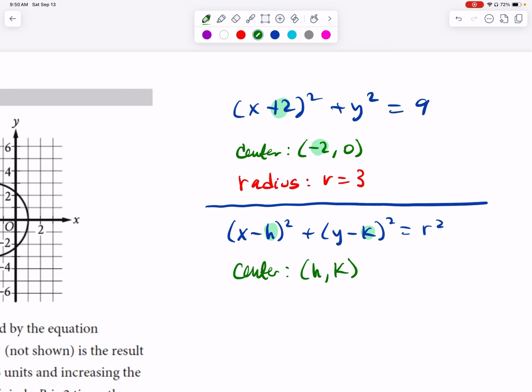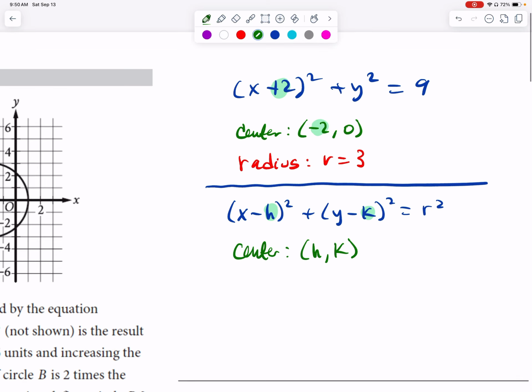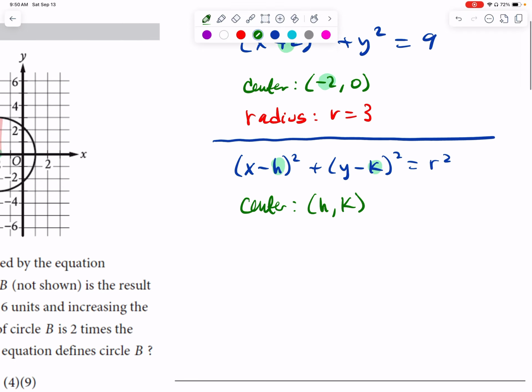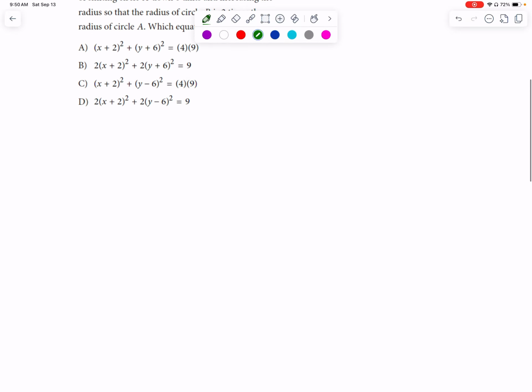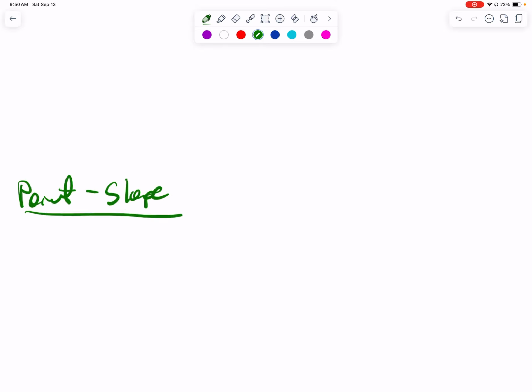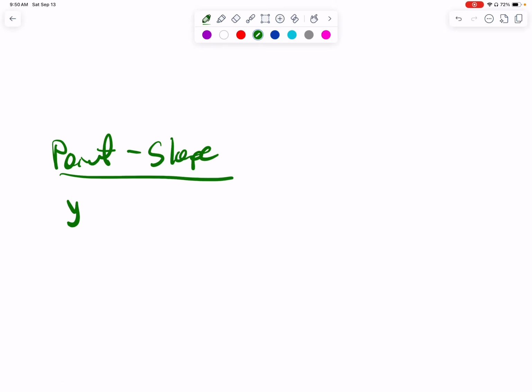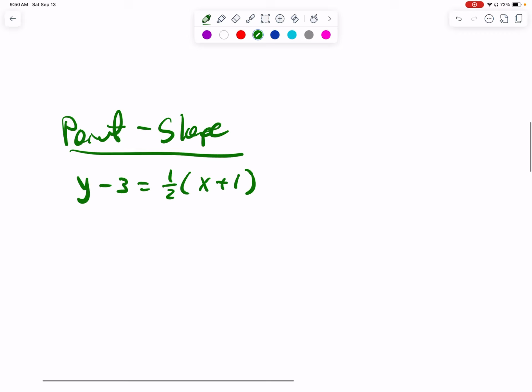It's a very common feature of graphs as far as translating things goes in the coordinate plane. You may have some experience with that from point-slope form, the equation of a line, not a circle, from Algebra 1. I'll give you an example. Let's say y − 3 = 1/2 (x + 1), just made up at random.